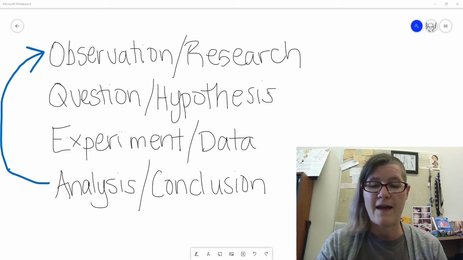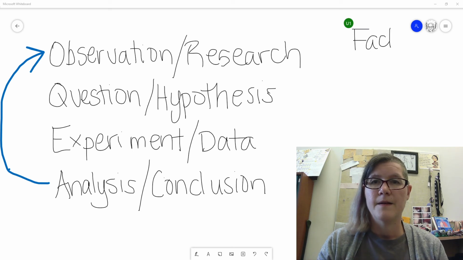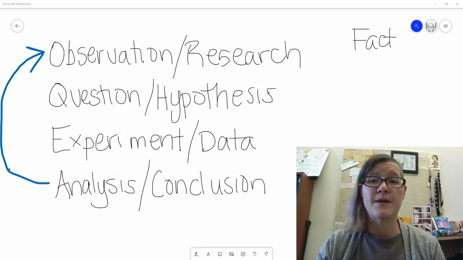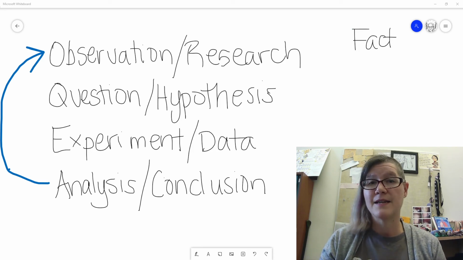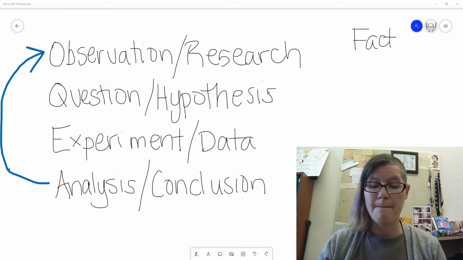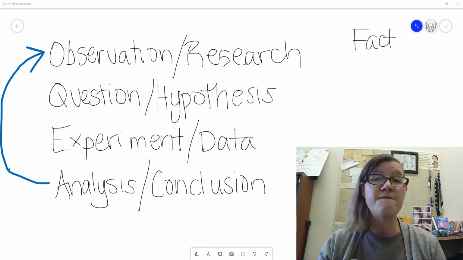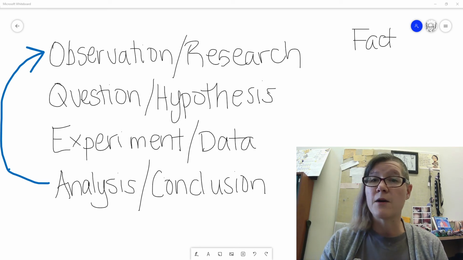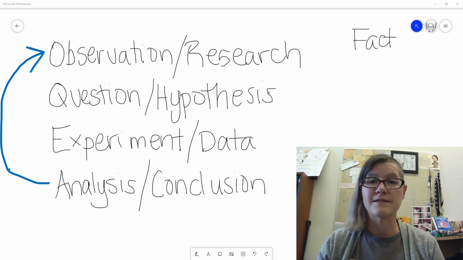So if I have a fact, well, hey, what's that going to be? Well, a fact should be something that in some form is evidenced and difficult to dispute. So as part of the scientific method, fact really fits into the experiment data side of things.